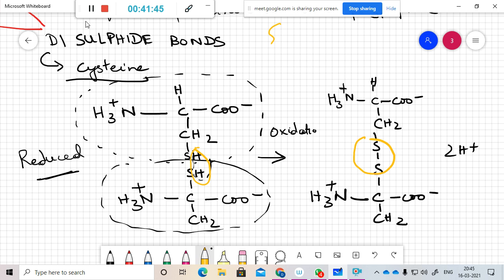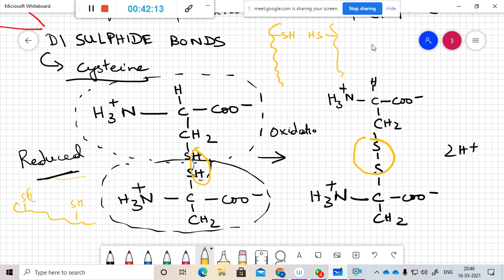So this is a polypeptide chain. For example, there is an SH group over here, another polypeptide chain has an SH group over here.